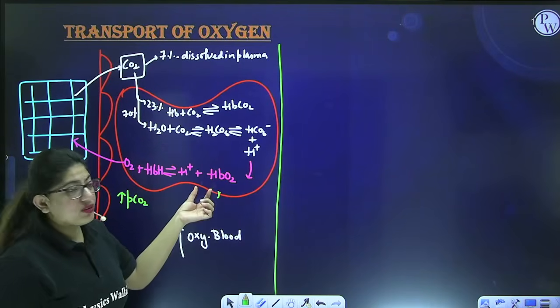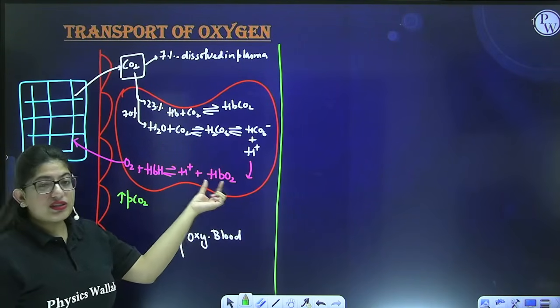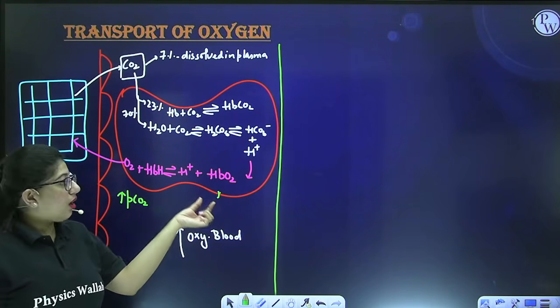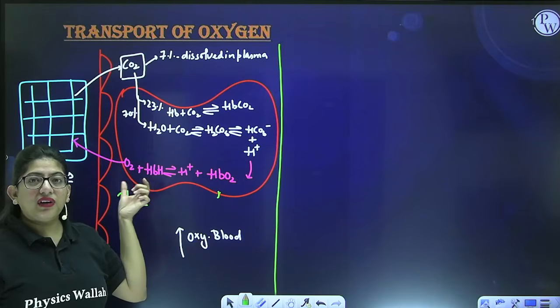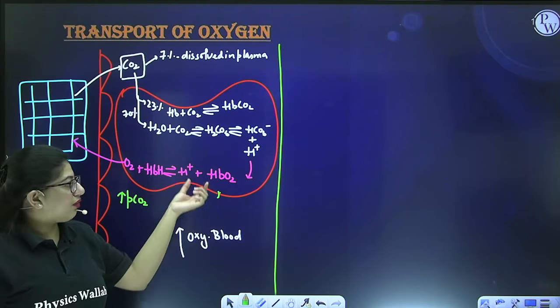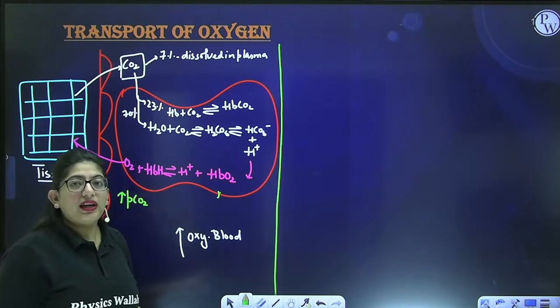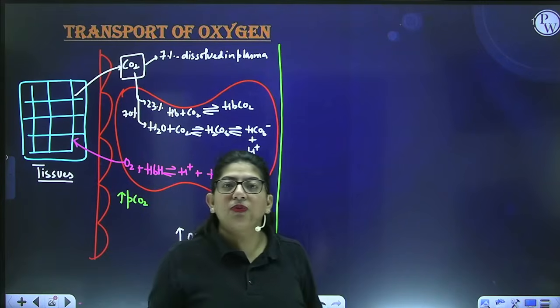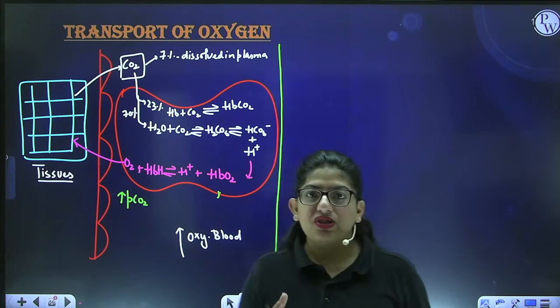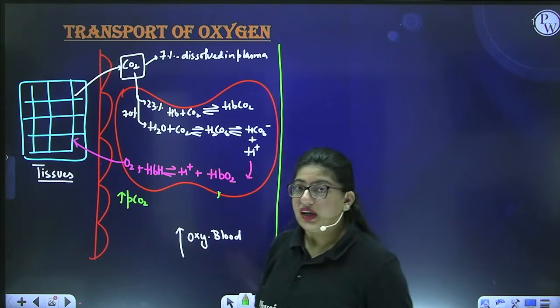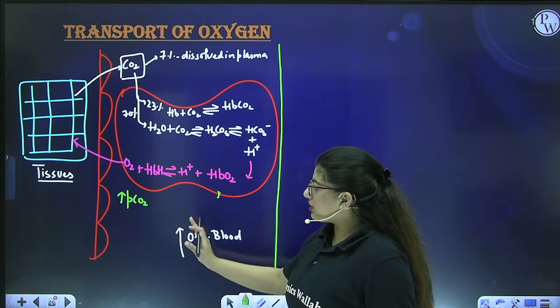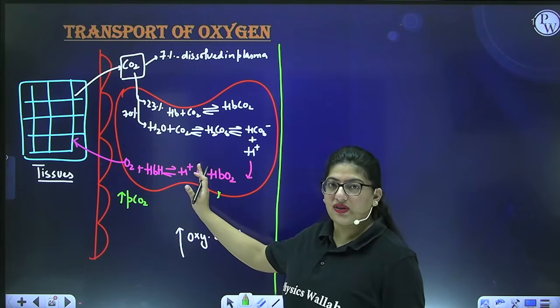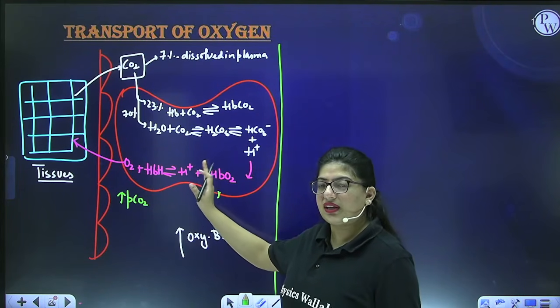Imagine hemoglobin was a truck and this truck was loaded with oxygen. Now it has come to the site where we need construction. For example, this oxygen is your sand or bricks, hemoglobin is the truck, and this is the site of construction. So now this truck is taking the bricks.